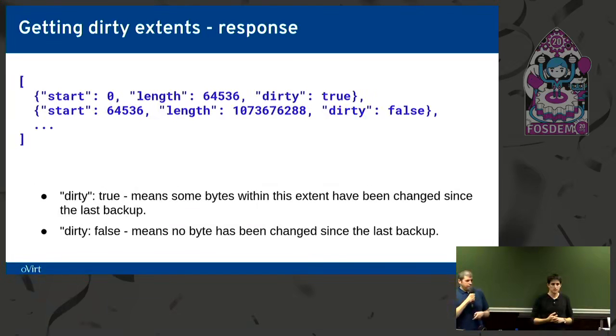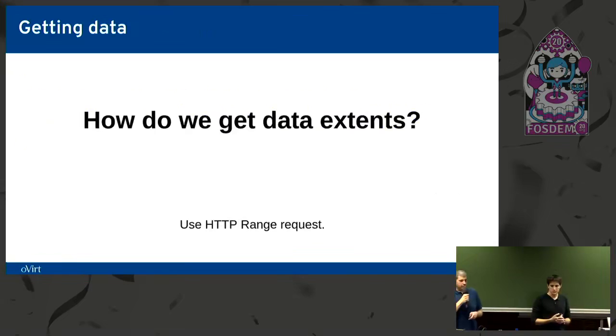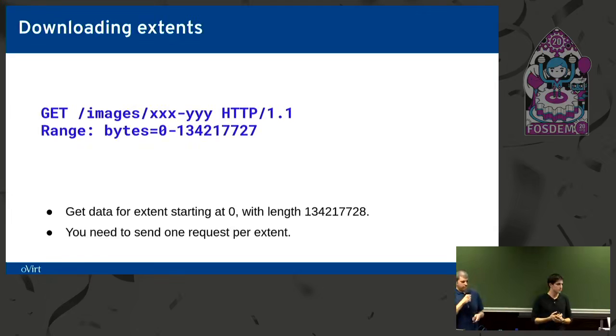In this example, we can see that the first extent is dirty, so we should back it up, download it, and the second one isn't dirty, so we shouldn't download it. So, getting the data. How do we get the data extents? We use an HTTP range request.